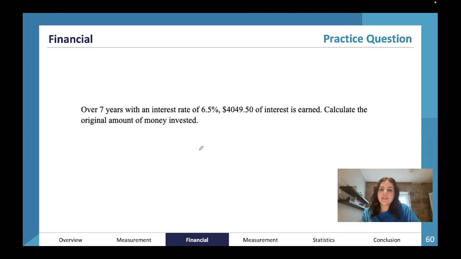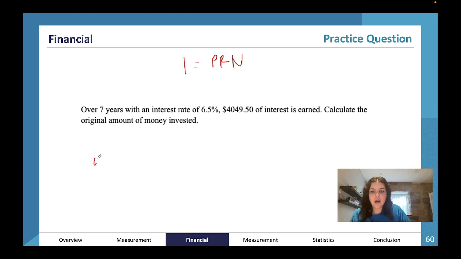Okay, over 7 years with an interest rate of 6.5%, $4,049.50 of interest is earned. Calculate the original amount of money invested. So our formula is I equals PRN, right?